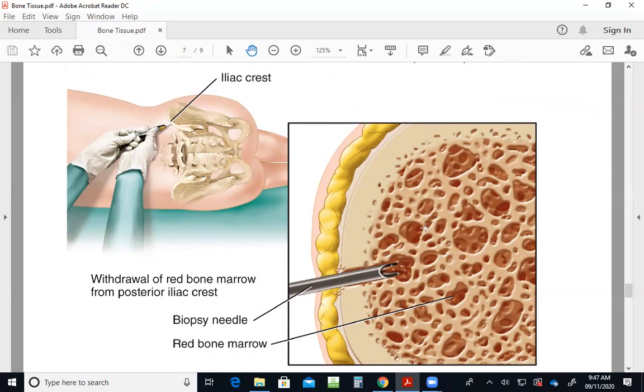And so I would think that sounds pretty awful. Obviously, they're going to put some anesthesia in there, but as far as I'm aware, I don't think they put you out. They just deaden the area, shove the big needle in, and it has to break through the shell of compact bone to get to that spongy bone to get that marrow out.